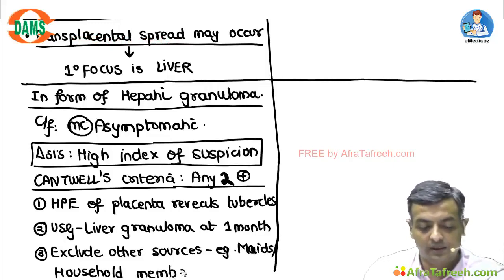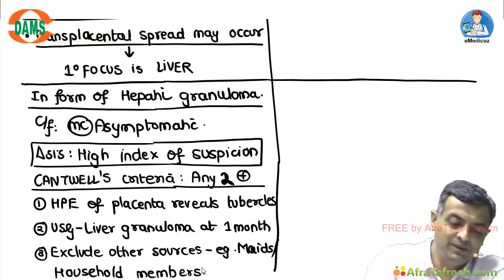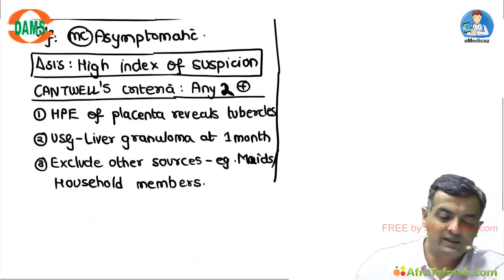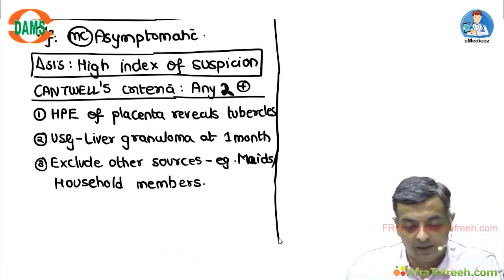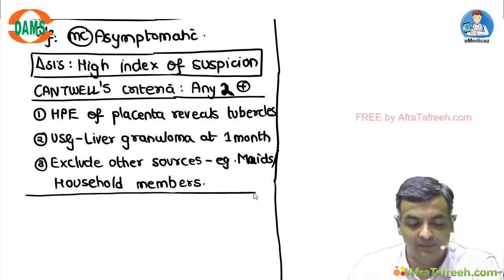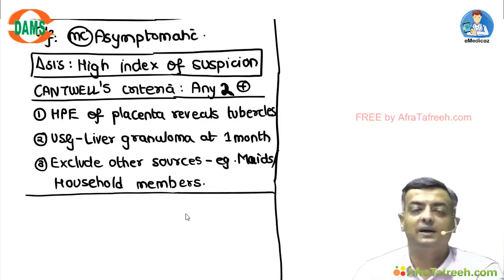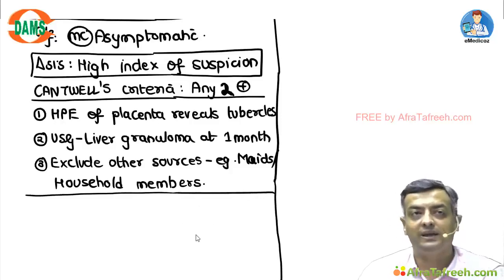So if they do not have TB, then using Cantwell's criteria, two or more criteria present can confirm that the child has congenital TB.